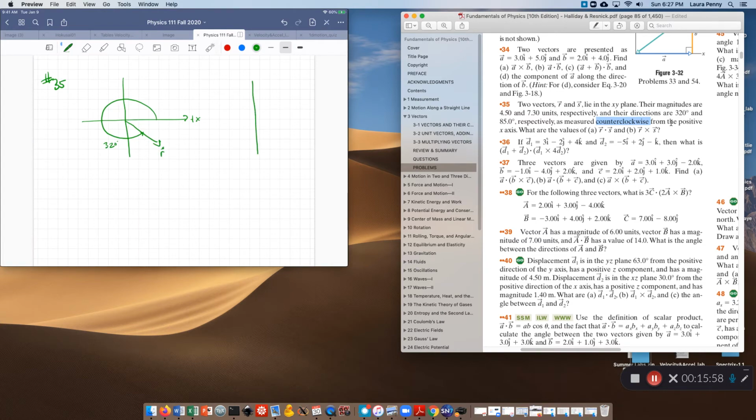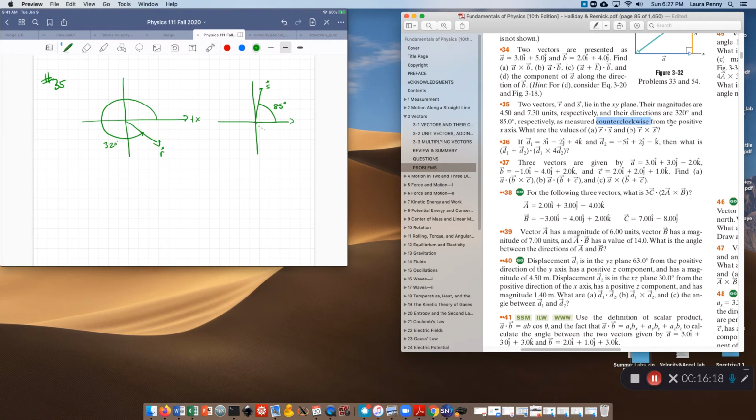And then my S vector is only 85 degrees counterclockwise, so that's basically almost on the y-axis. There's my S vector.